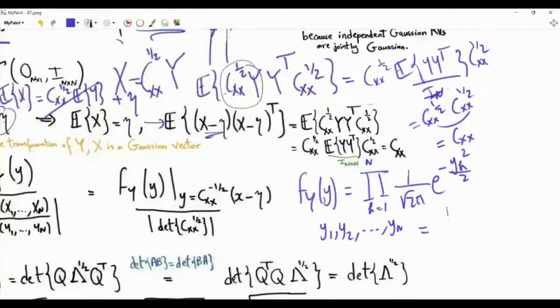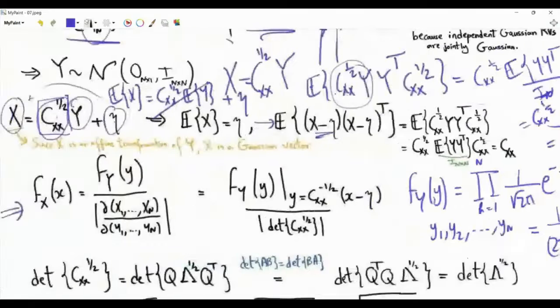And this is 1 over 2 pi to the power n over 2, and then we have e to the minus the sum of the squares, yk squared over 2. That's the PDF of y, straightforward because of the independence assumption. So we can just multiply the marginal PDFs.